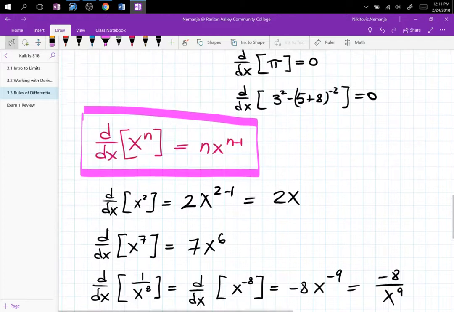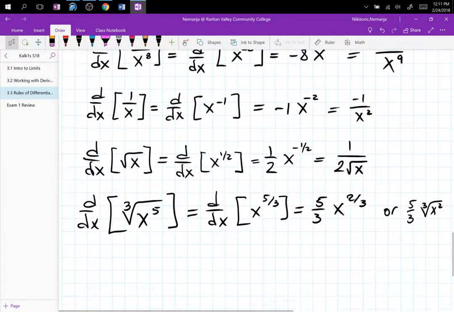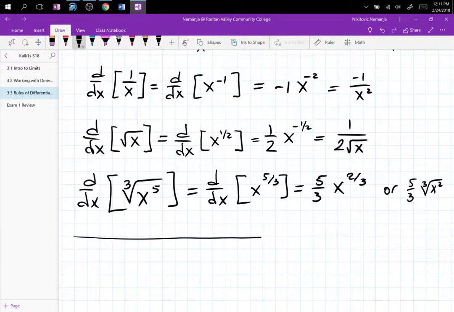All right, that's that. So we have constants, and we have these with exponents. Now we have a little bit different rule. This rule, this power, I should say, gives us the opportunity to add and subtract derivatives.